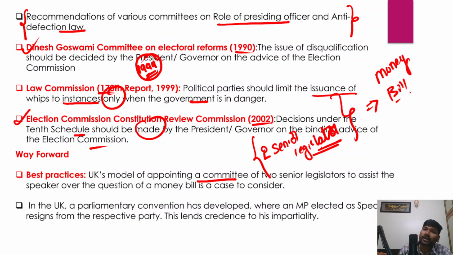And that is very, very important. So that kind of precedent has to be followed here, right? In fact, in India, whether any bill is a money bill or not, the Speaker is the sole authority to decide that, and the decision of the Speaker with respect to a money bill cannot be challenged in a court of law as well.